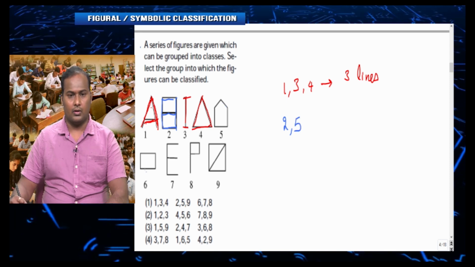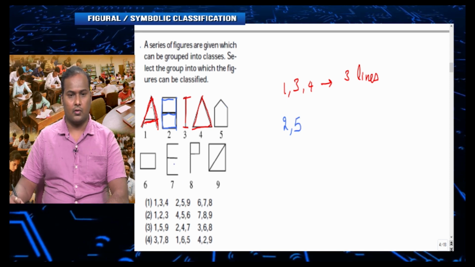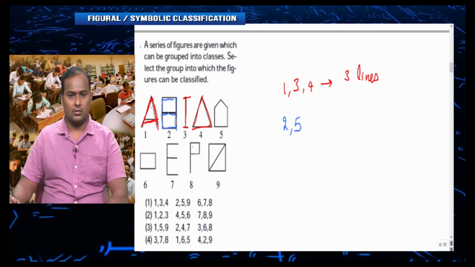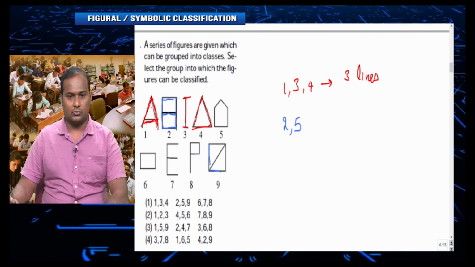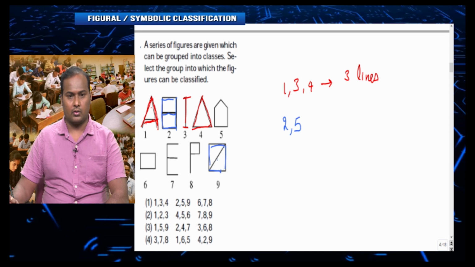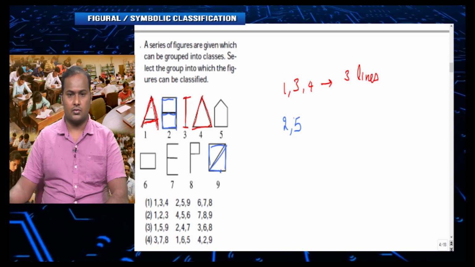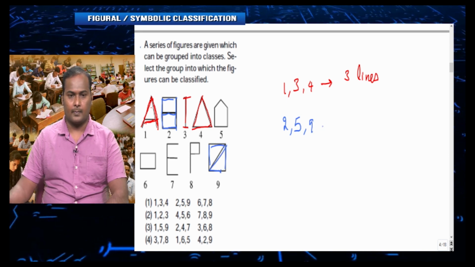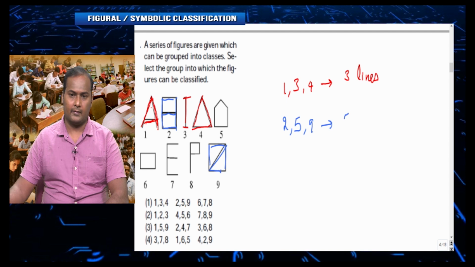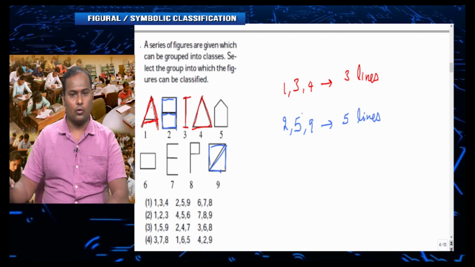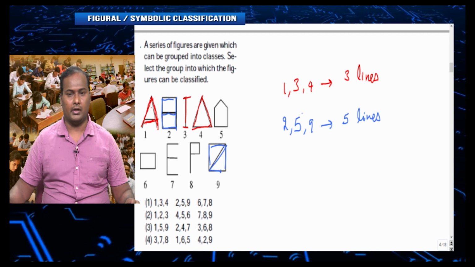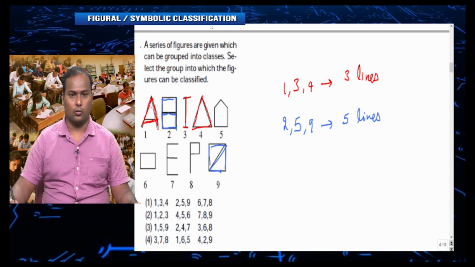See 6, only 4 lines. 7, 4 lines. 8, 4 lines. 9 again has 5 lines, 1, 2, 3, 4 and 5. So 2, 5, 9 have 5 lines, and based on the character of 5 lines, we grouped 2, 5, 9 into one group.